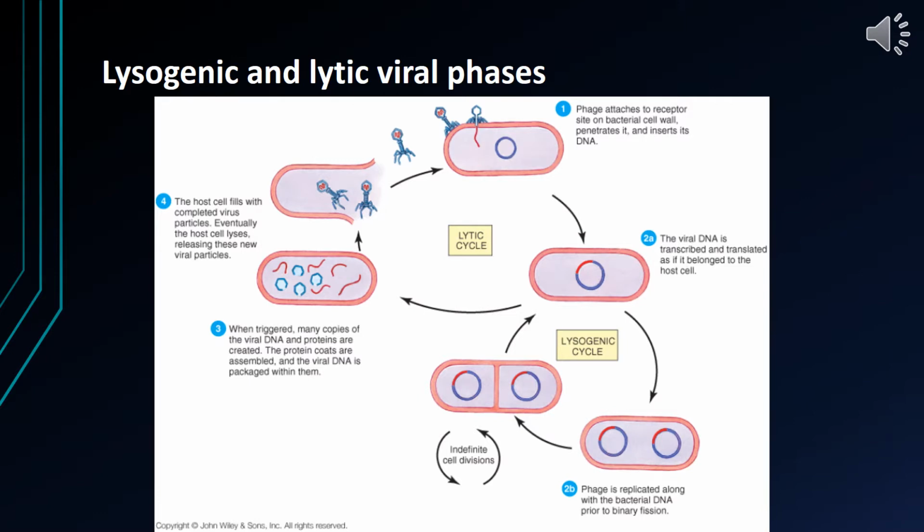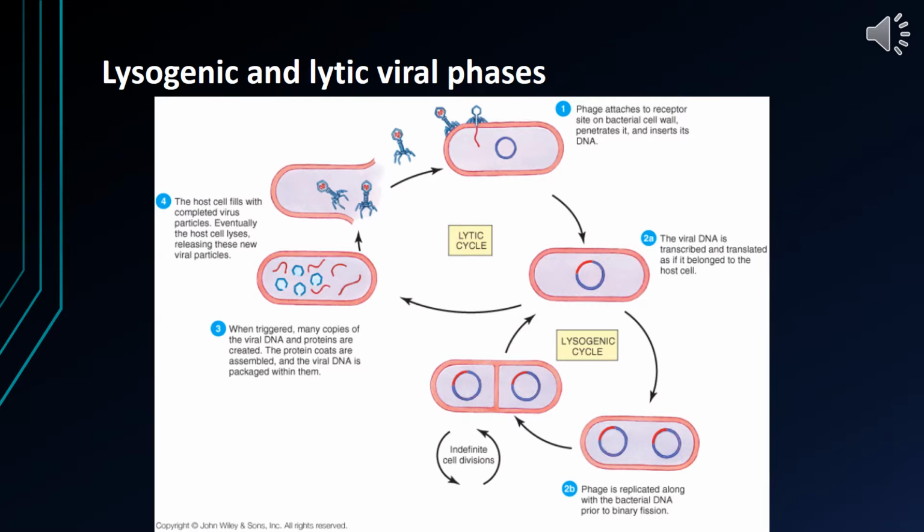However, in the lysogenic cycle, we incorporate the virus DNA into the DNA of the host, and the phage is replicated along with the bacterial DNA, and eventually we'll go back into a lytic cycle where we begin making viral DNA and proteins, and then forming fully functional viruses which lyse from the cell.